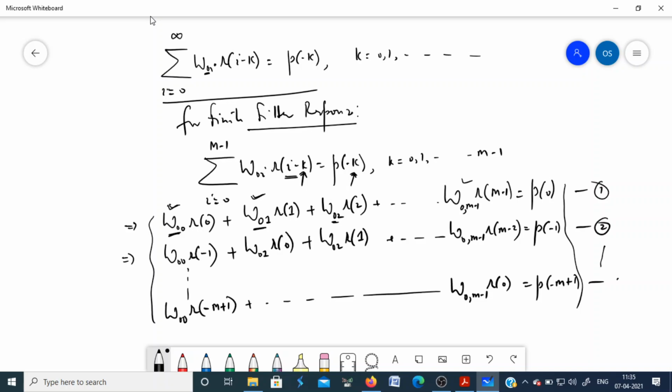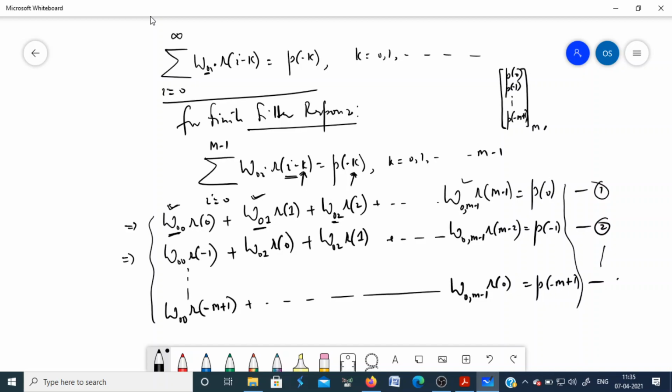Okay. So in more compact form, you can write these set of M linear equations in the form of a matrix. On the right hand side, you have a column vector of cross correlations, that is P0, P of minus 1 up to P of minus M plus 1.